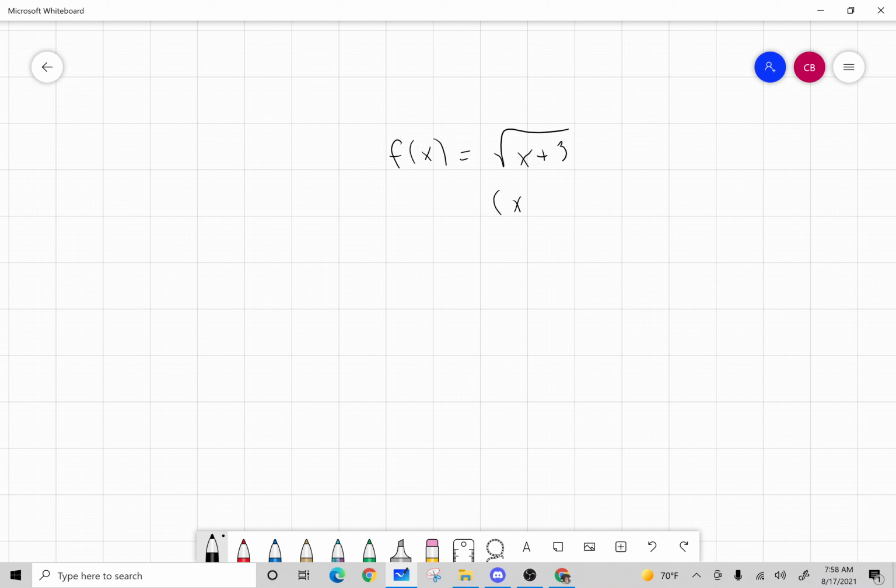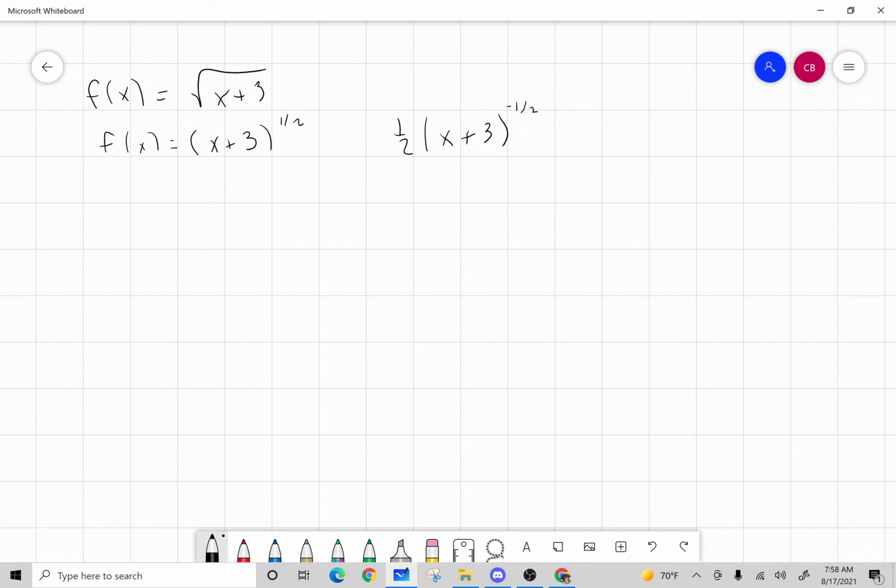This is x plus 3 to the 1/2 power, and if we take the derivative, it's 1/2 times x plus 3 to the negative 1/2.